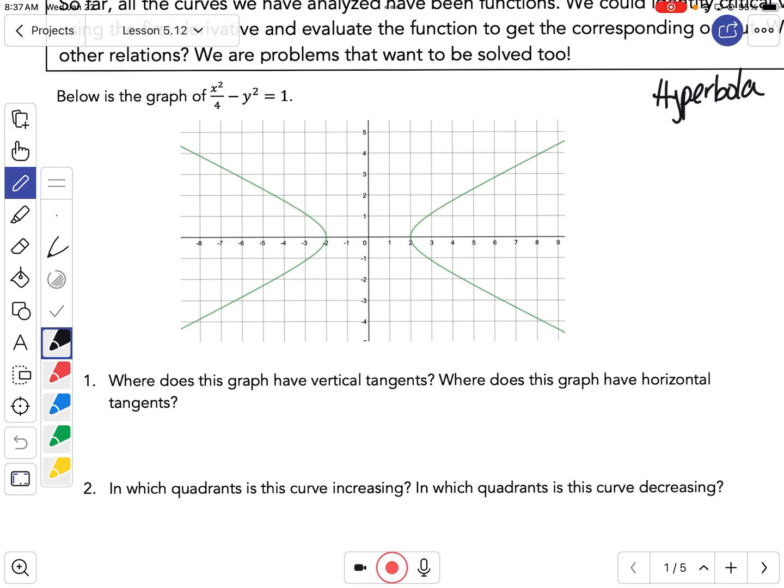This is the equation for the y and x coordinates. Let me see your answer. Sorry, you can keep going. I was just seeing how I could get there.